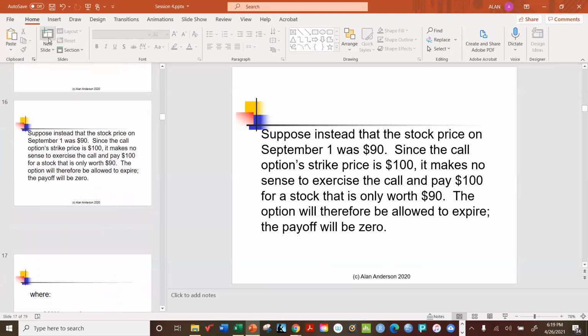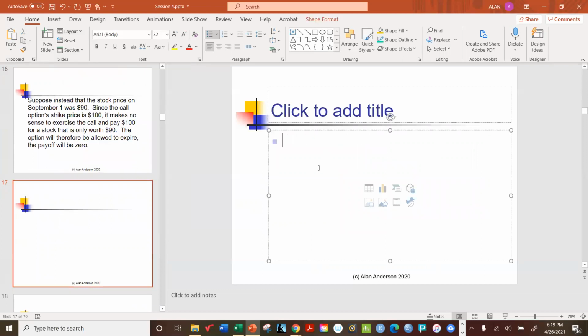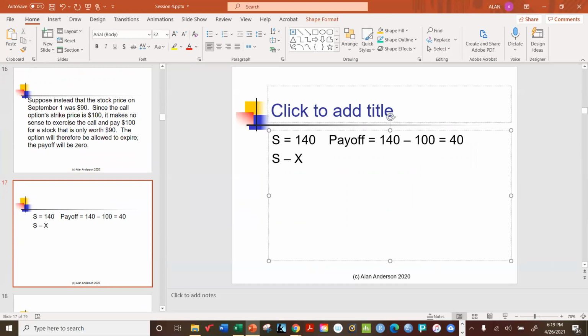So if you notice, in the two scenarios, when S was equal to 140, the payoff was 140 minus 100, which was 40. And you'll also notice that S minus X is positive. On the other hand, when S equals 90, the payoff is just zero. And so S in this case minus X is negative.